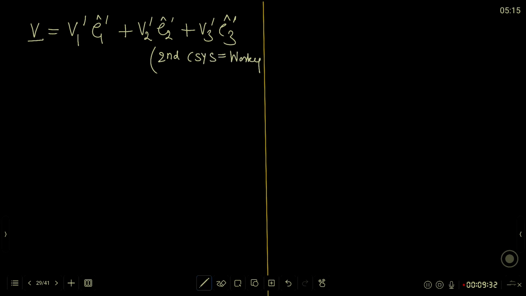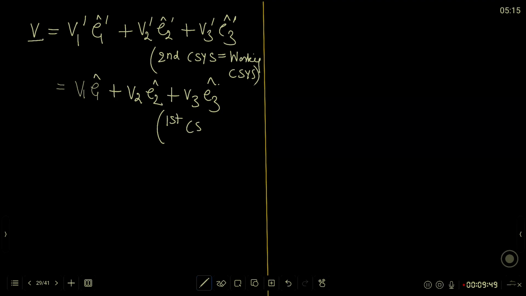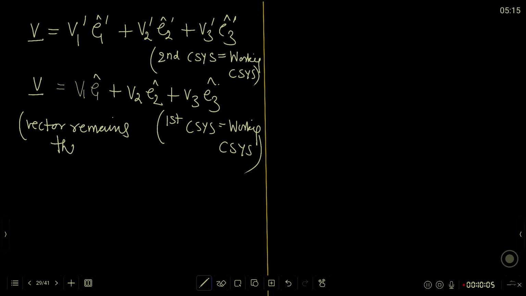Okay, and when the first coordinate system, the white one, was the working coordinate system, this is the expression we have. Same vector, two expressions. The vector remains the same. Why would the vector depend on the coordinate system?